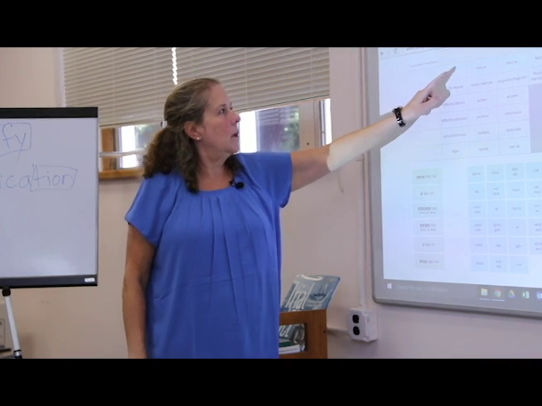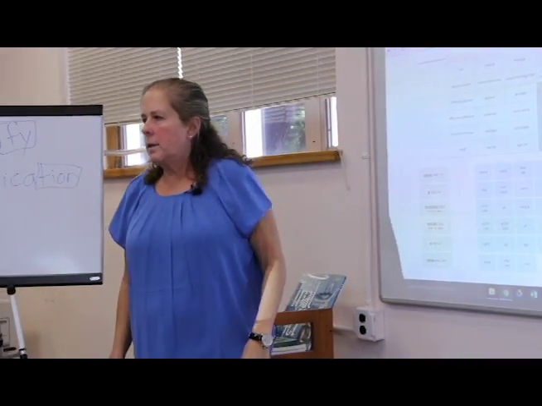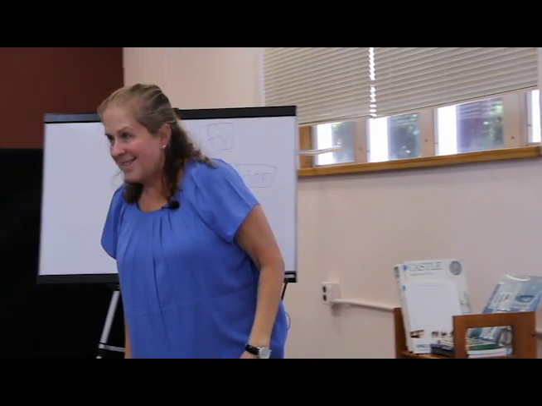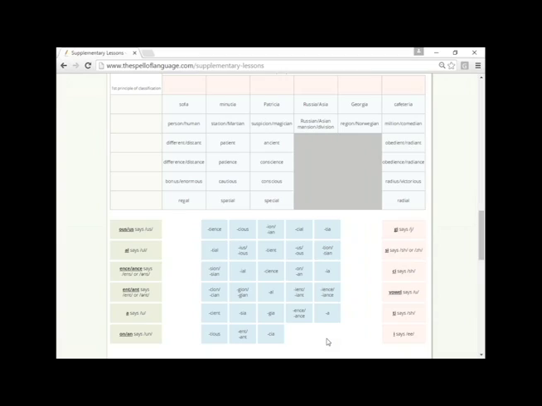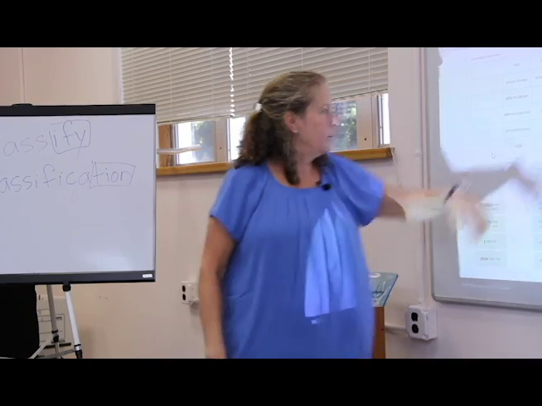So this is the row where the A says, good. These green boxes correspond to the rows.